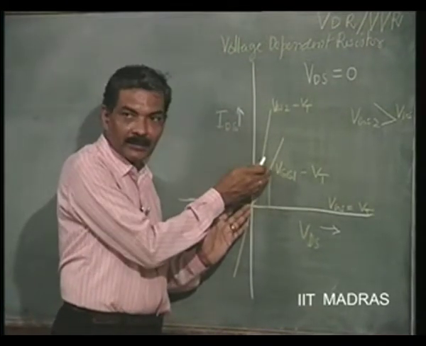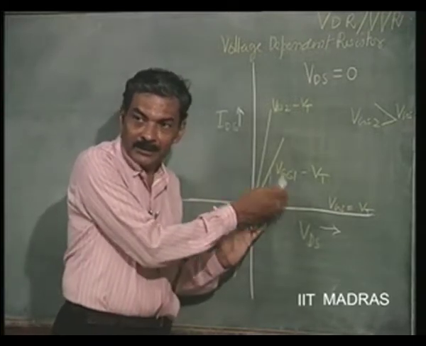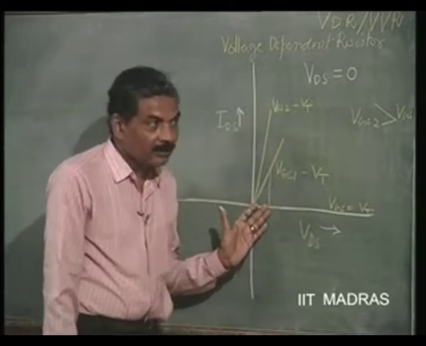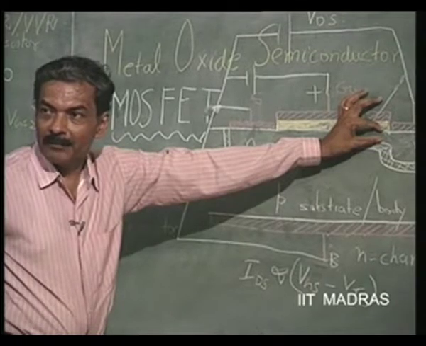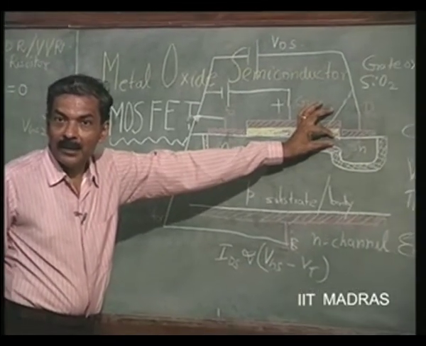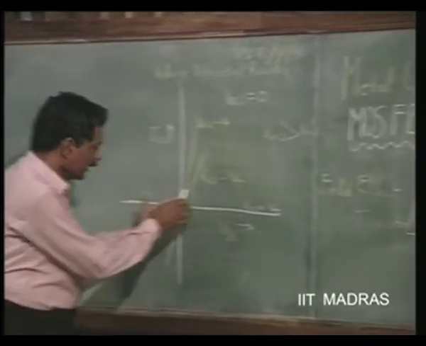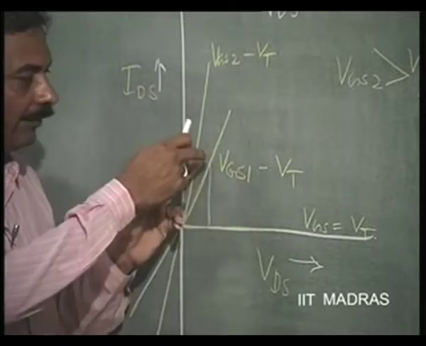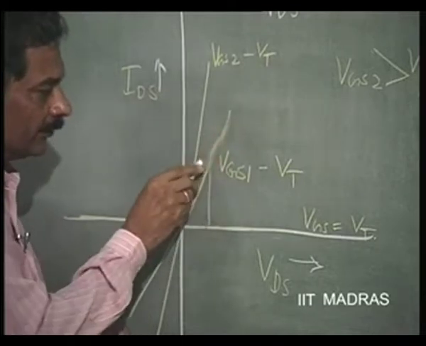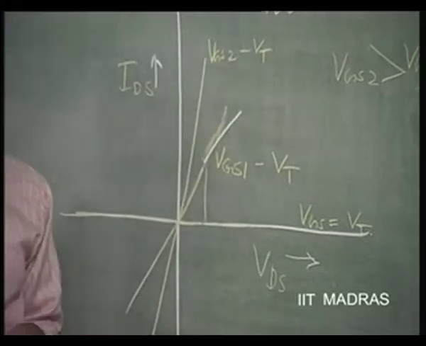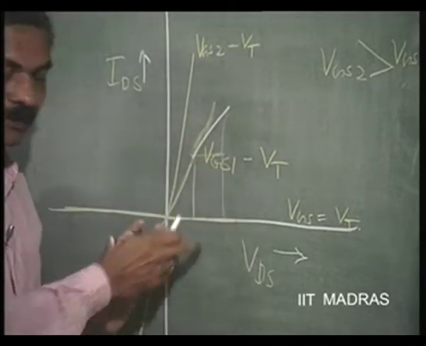The next increment in voltage will not give me the same increment in current, because this particular thing has decreased and the effective incremental resistance has increased. Follow this carefully. For the next increment in voltage, I will not have the same increment in current; it will be a lesser increment for the same increment in voltage.